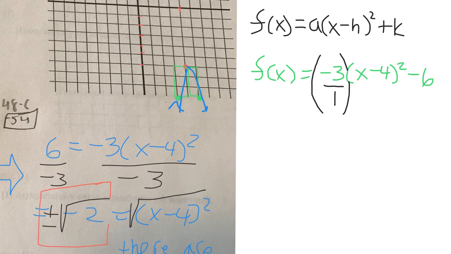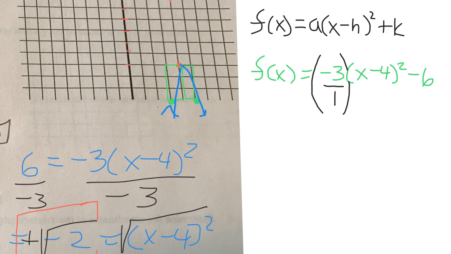So the range would be the set of all y values that are represented on this graph, and that is clearly going to be all of this stuff, right? And what we could see here is that the range would be -infinity all the way up to -6.